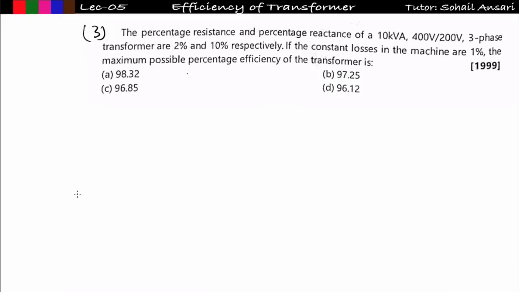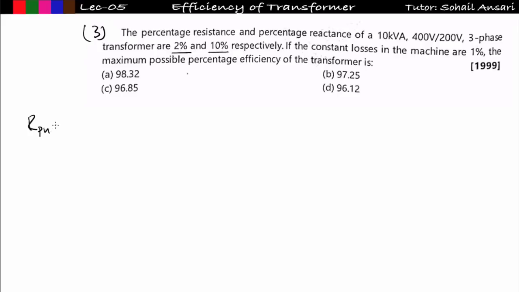Got it? Take one more problem in terms of per unit. We have already seen the efficiency in per unit, so take one problem based on that formula. The percentage resistance and percentage reactance of 10 kVA 400 volt by 200 volt 3-phase transformer are 2% and 10%.